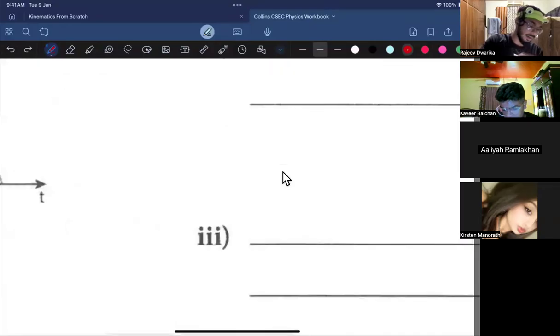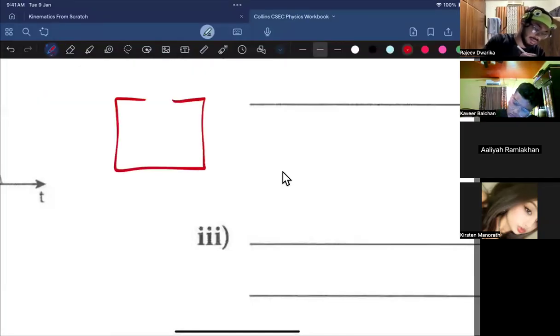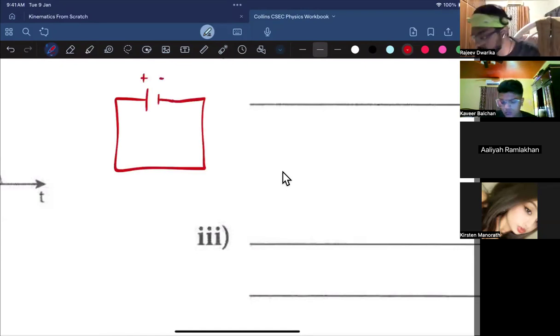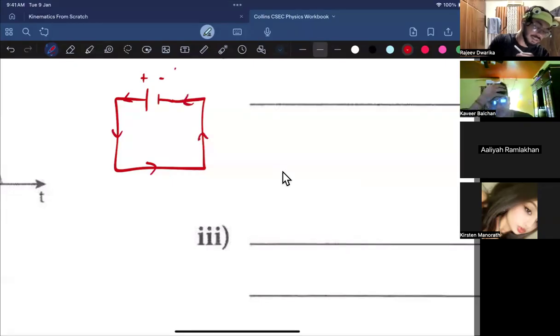Okay. So let me just say we have, check the circuit here. How would the current for that flow? From positive to negative, in this direction. If you want, we could call this positive 9 volts.